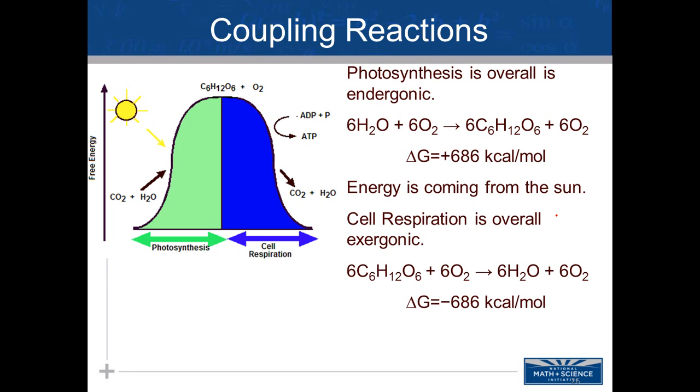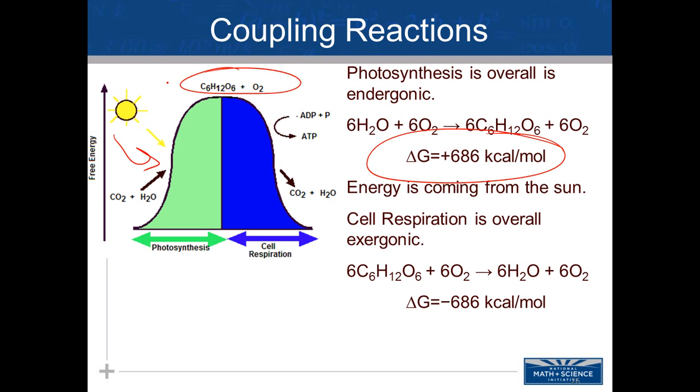Photosynthesis requires a change in free energy of a positive 686 kilocalories per mole. Where in the world is that energy going to come from? Well, that energy is going to come from light. So now you have glucose and oxygen.